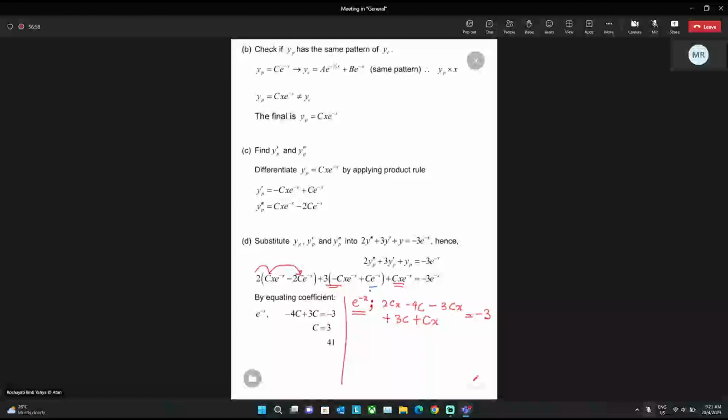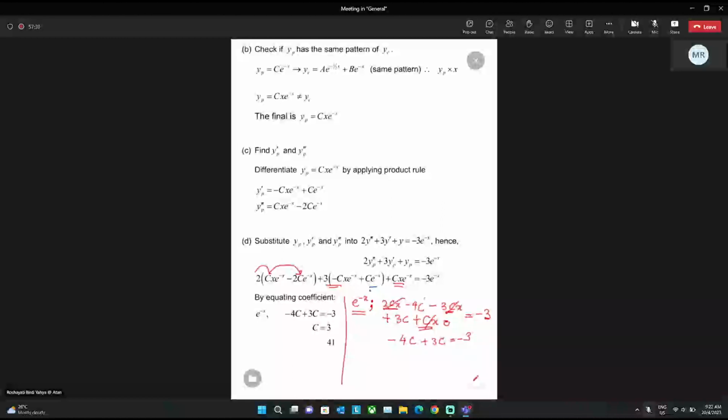Okay, so for on the left hand side, CX dengan CX kan, 2CX tolak 3CX dapat negatif 1 kan? Negatif 1CX. Negatif 1CX tambah 1CX jadi kosong kan? Betul. Lepas tu yang tinggal negatif 4C tambah 3C sama dengan negatif 3. Betul?